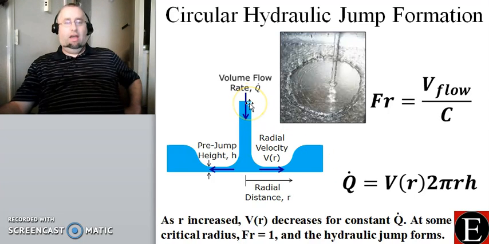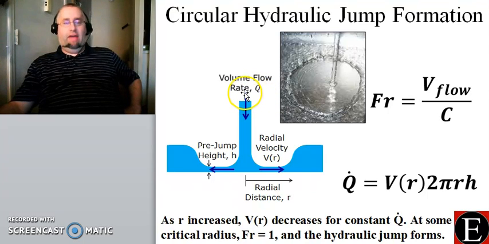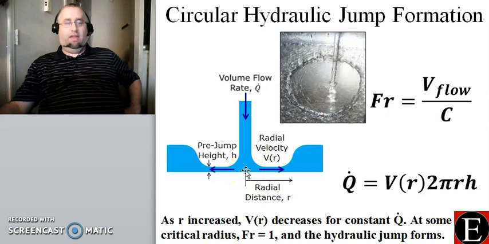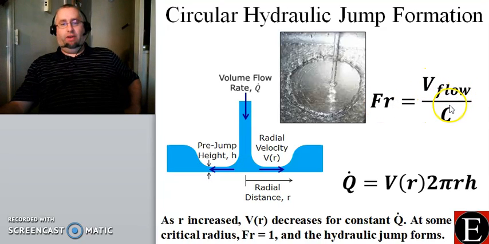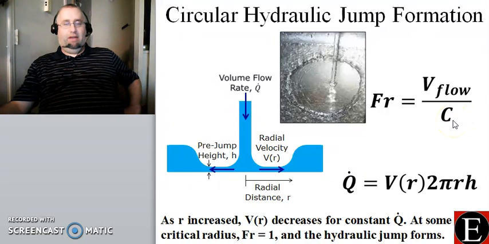Another way of looking at it is through this schematic. We have a particular fixed volume flow rate, which is represented by Q with a dot on the top, so Q dot. That volume flow rate flows down, strikes some sort of solid target, and then the liquid spreads outwards with some radial velocity, which is a function of the radial distance from the location of the fluid striking the target. We still have the equation for the Froude number, which is still true for radial hydraulic jumps: the velocity of the fluid divided by the speed of information propagation, or surface wave propagation, in the fluid.